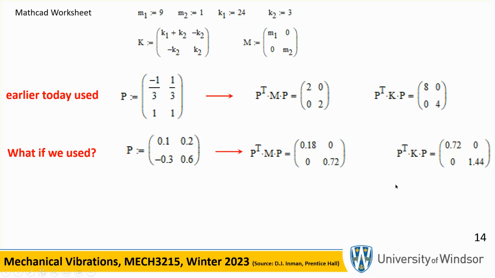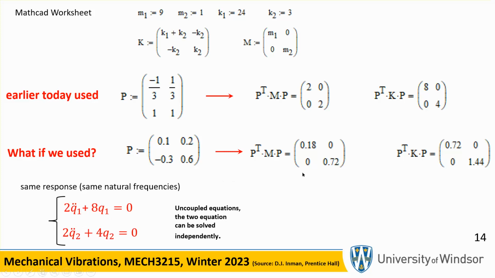However, look at the ratio. We're going to see. Look at the ratios of these two, and you'll see that they lead to the same equation. So let's see now.